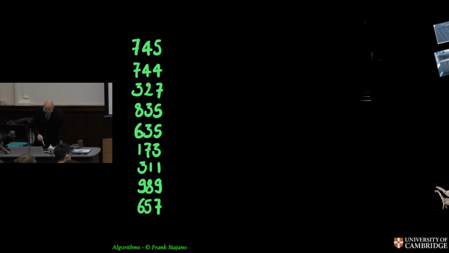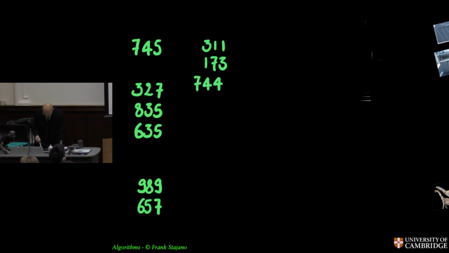So if I had my linear sort that sorted them by least significant digit, what would it give me? Well, the smallest one is this 1. Then after that, what do I have? I have 3. Then I have 4.